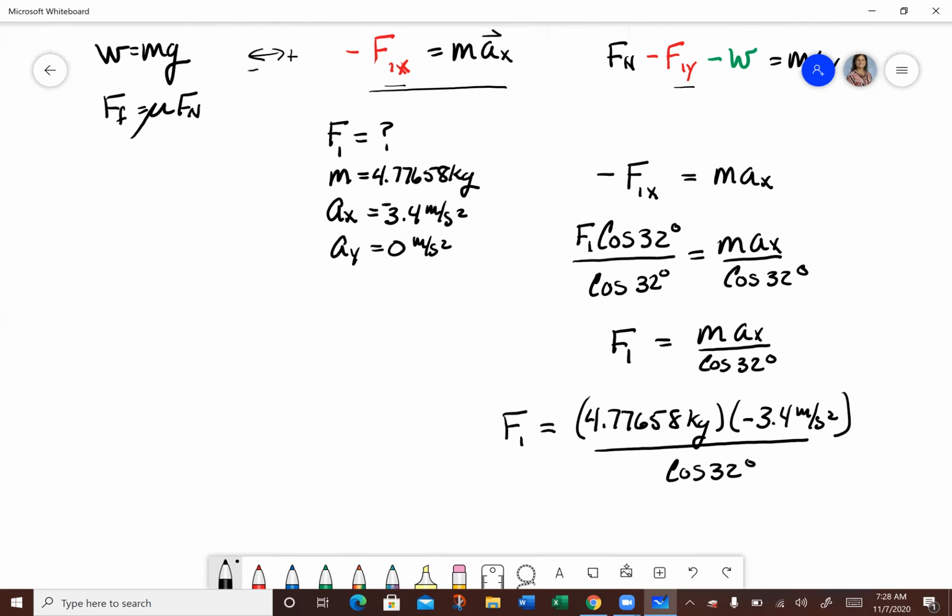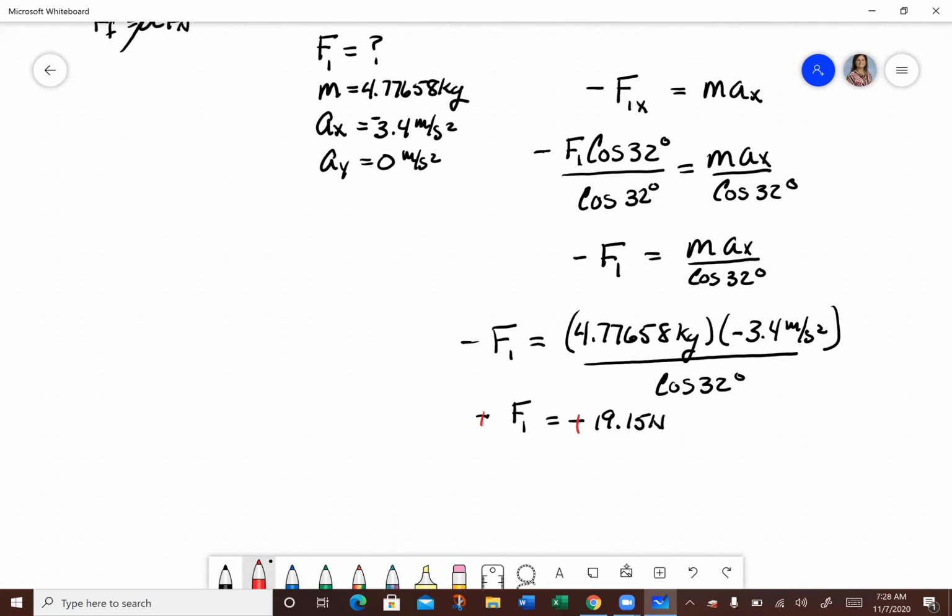Right? And I lost my negative up here, so that should be negative. So you end up with negative F1 equals negative 19.15 newtons. And then of course the negatives cancel, you end up with a positive number.